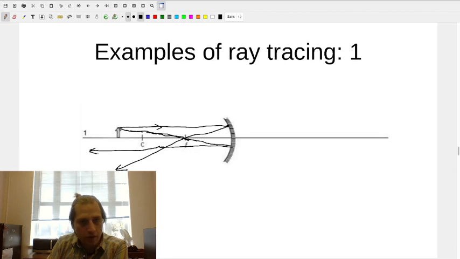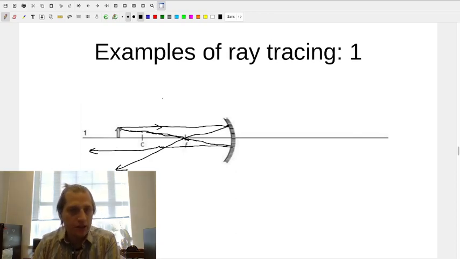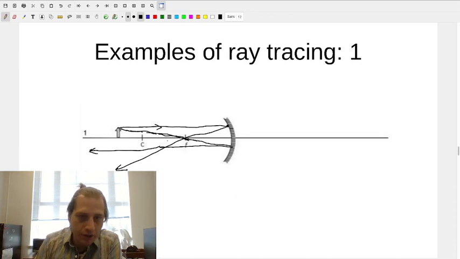So come in through the focal point, go out parallel to the optic axis. Now this might not seem to give us much information, but actually it does. And where these two cross is essentially where the image of that little pointer is.